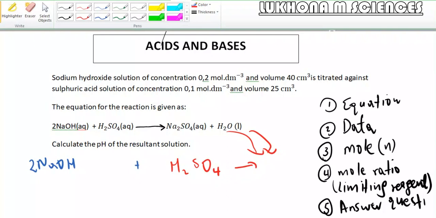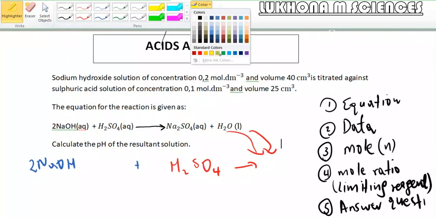Then the following step says collect the data. When we collect the data, we read the statement first. The statement reads as follows.